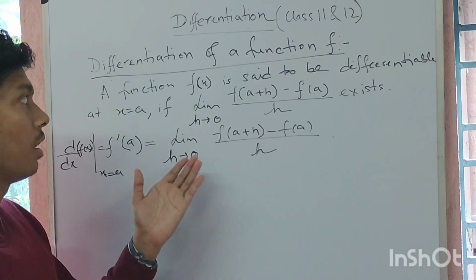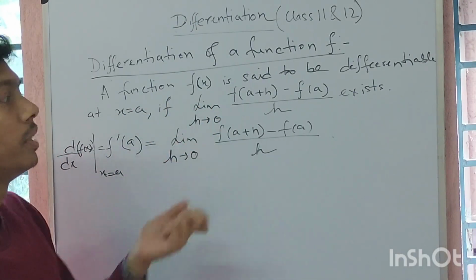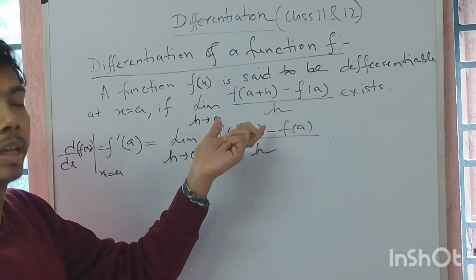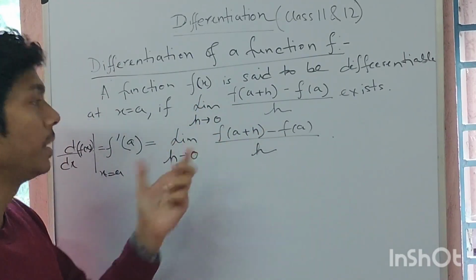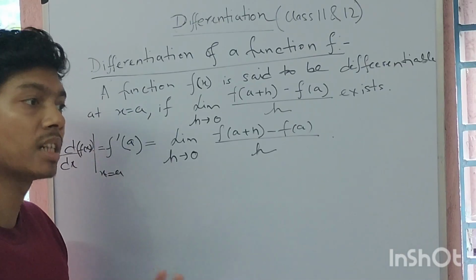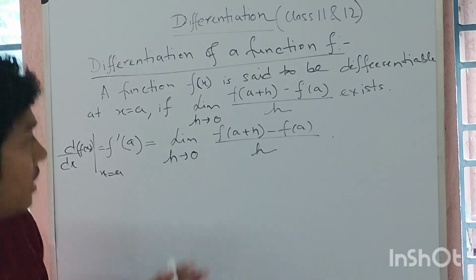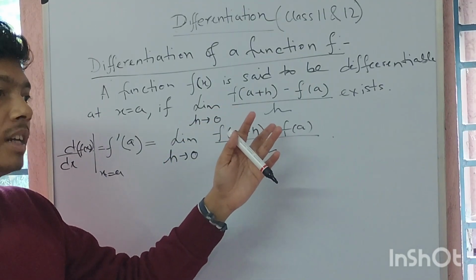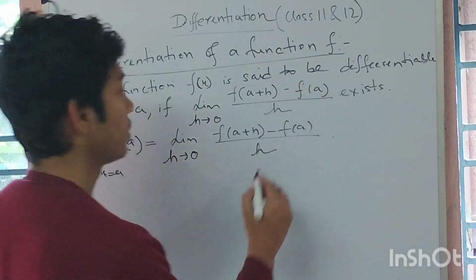So it is the definition of derivative. If a function is going to be differentiable, then this limit should exist, and the value of this limit will be its value of differentiation at that point.